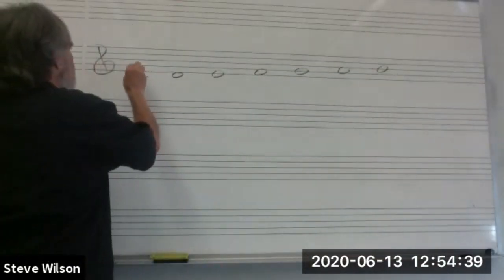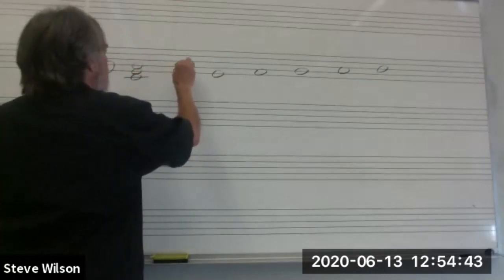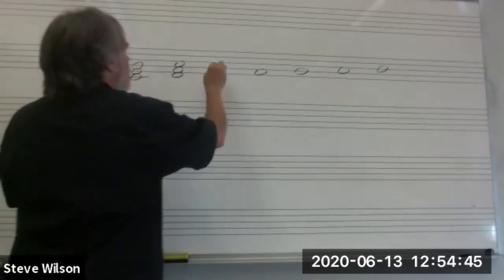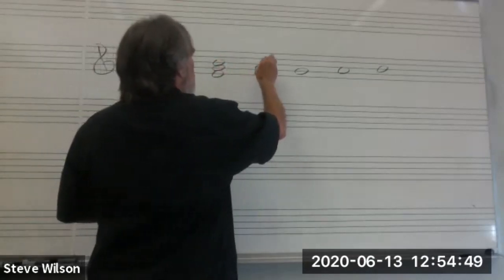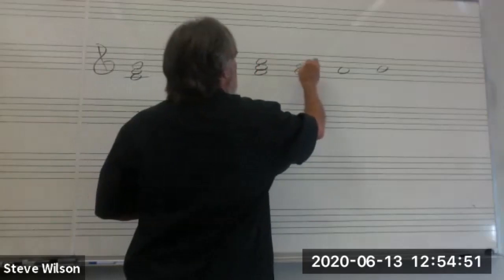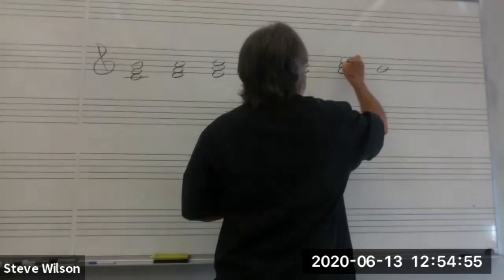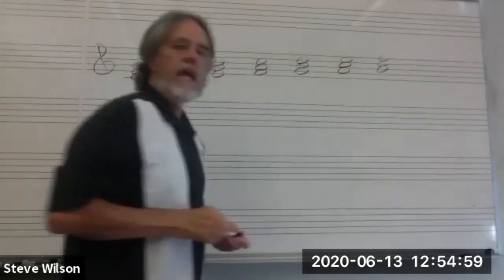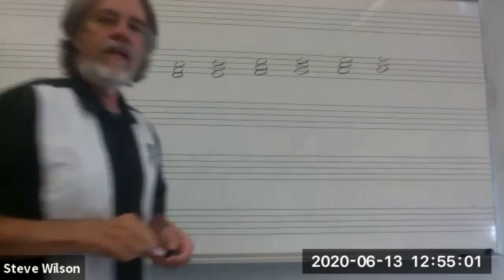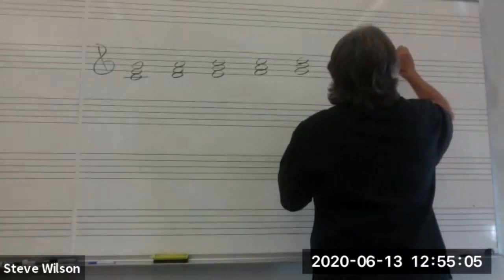So C, E, G, D, F, A, E, G, B, F, A, C, G, B, D, A, C, E, and B, D, F. Each one of those is a triad.